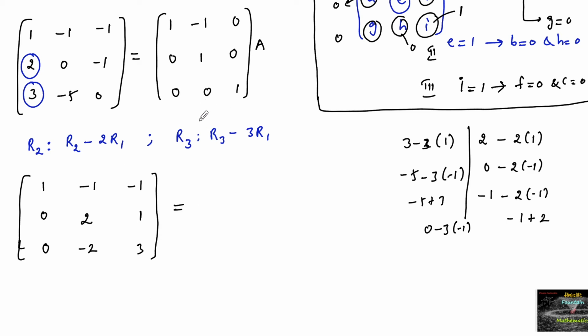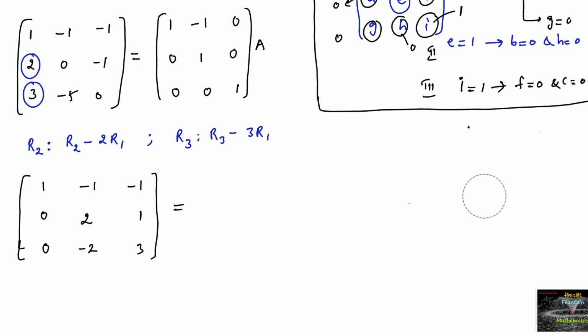So on the other side, let us apply the same. First row as it is, 1, minus 1, 0, and the second row 0 minus 2 times 1, that is minus 2. Next is 1 minus 2 times minus 1, that is 1 minus of minus, plus 2, 1 plus 2 is 3.